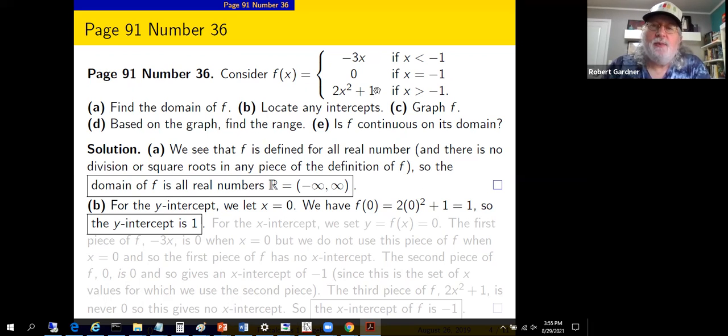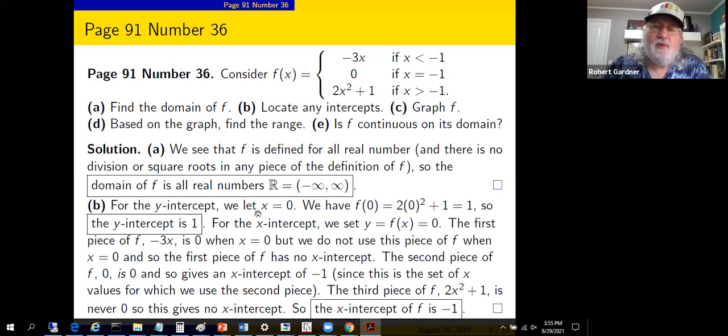We'll have to check all three pieces. For the x-intercept, set y, f of x, equal to 0. In the first piece of f, that's -3x. Set -3x equal to 0. -3x is 0 when x is 0. But does this count when x is 0?